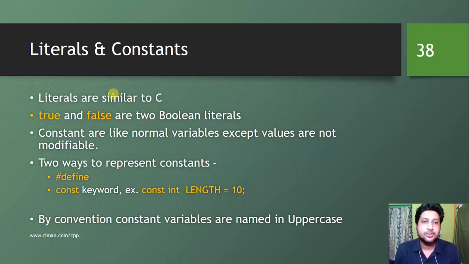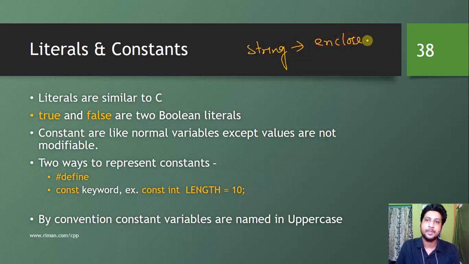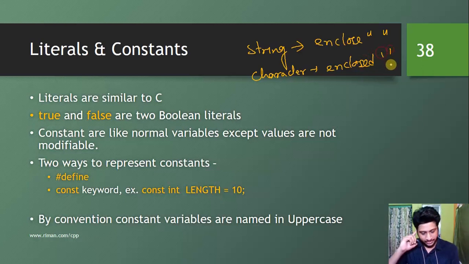Literals and constants. Literals are the same as in C. We have string literals, which are enclosed within double quotes. We have character literals enclosed within single quotes, and character literals should be a single character.